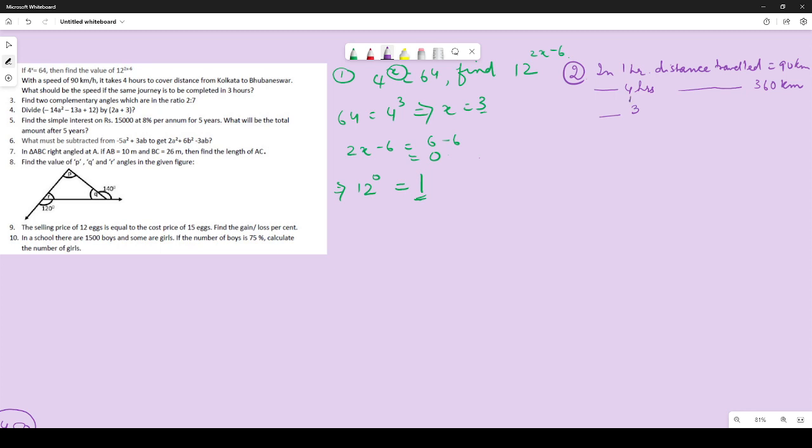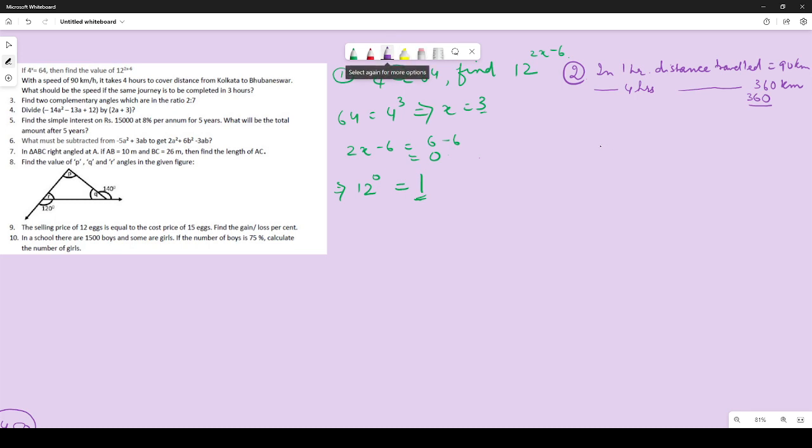Now again, in 4 hours it will be 360, in 1 hour it will be 360 by 4, and in 3 hours it will be 360 by 4 into 3, right? So that is where you go ahead. Sorry, just a minute, 360 kilometers in 4 hours, right?